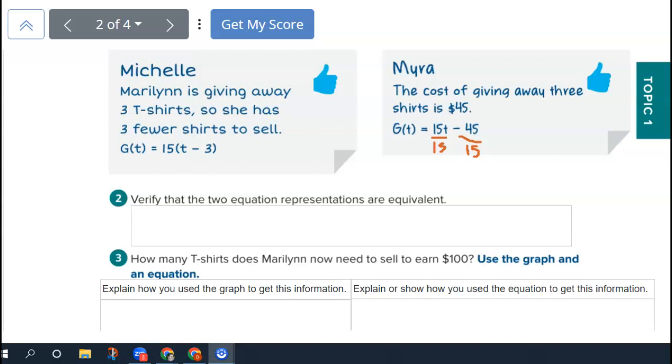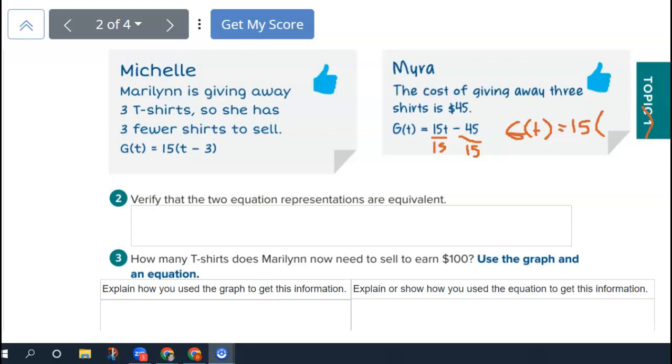So what you would do is you would write g of t, and then you would write what number you're factoring out of both numbers and put that here. And then in parentheses, you would write what's remaining of these numbers after you divide.